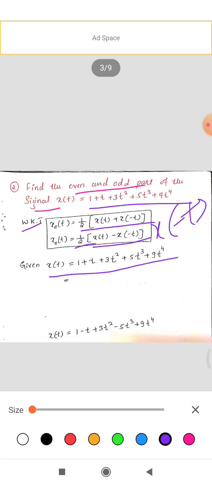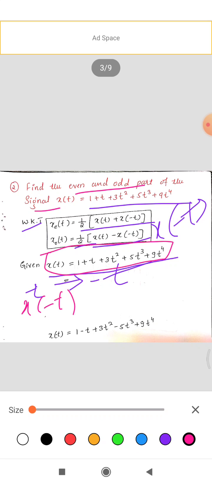For that, let's change t to minus t. Wherever in this particular equation you have a t, change it to minus t. So I have written x of minus t, which is equal to 1. Since it is a constant, you need not change anything for that.